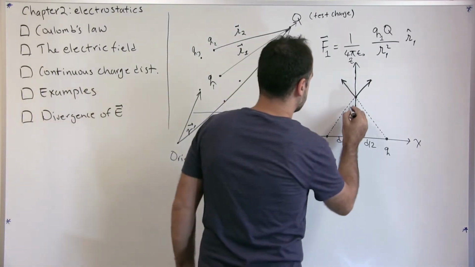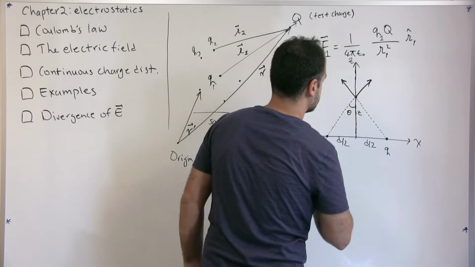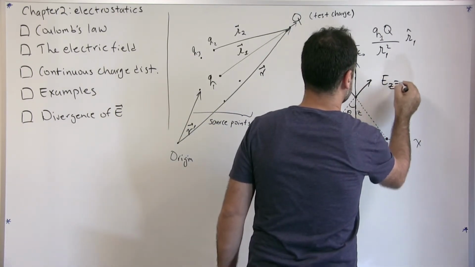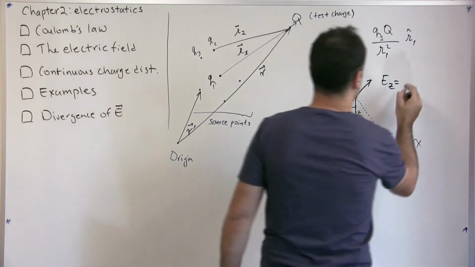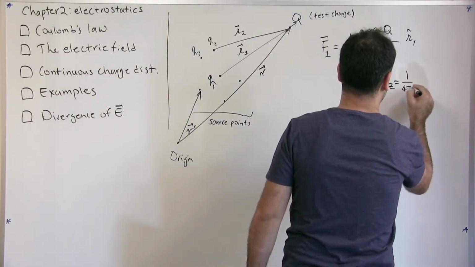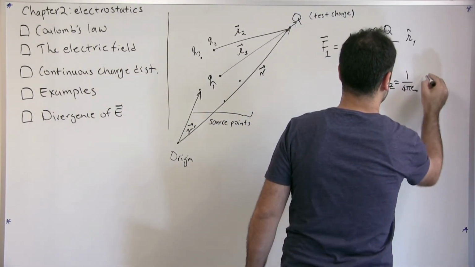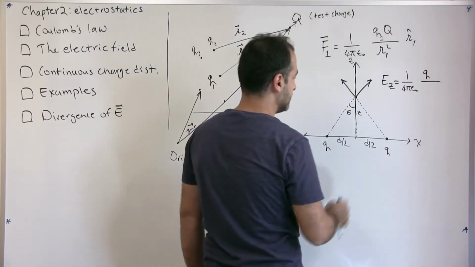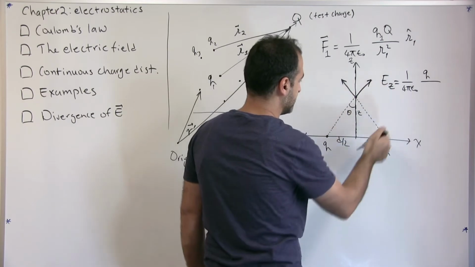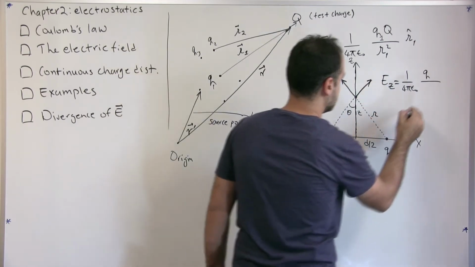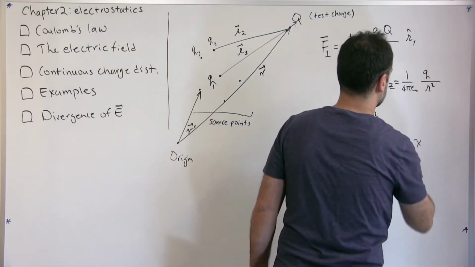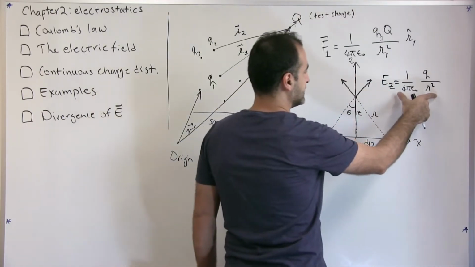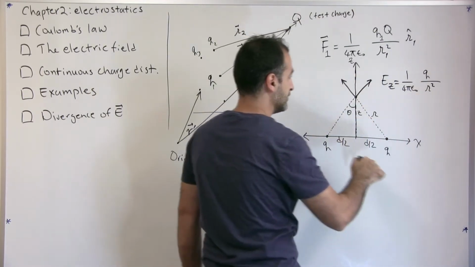if this angle is theta, the z component of the electric field, I'm going to call that E_z, is 1 over 4 pi epsilon 0, Q is the charge of each of them, divided by the separation vector to the power of 2. So this is R squared. And the z component should be this field times cosine of theta.